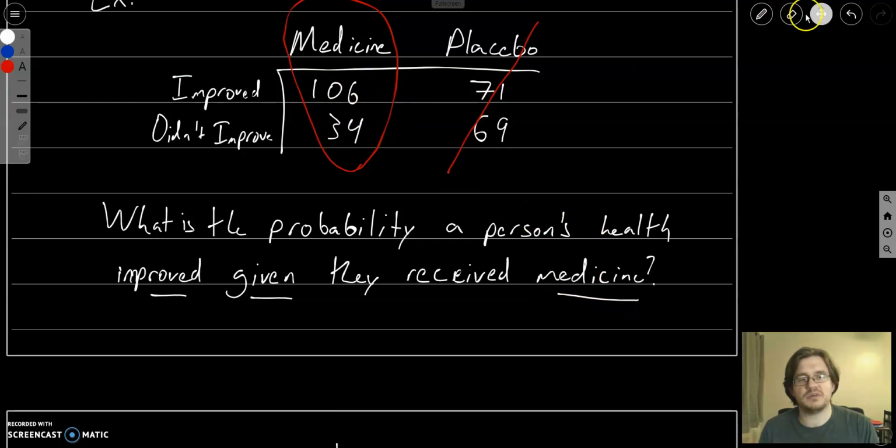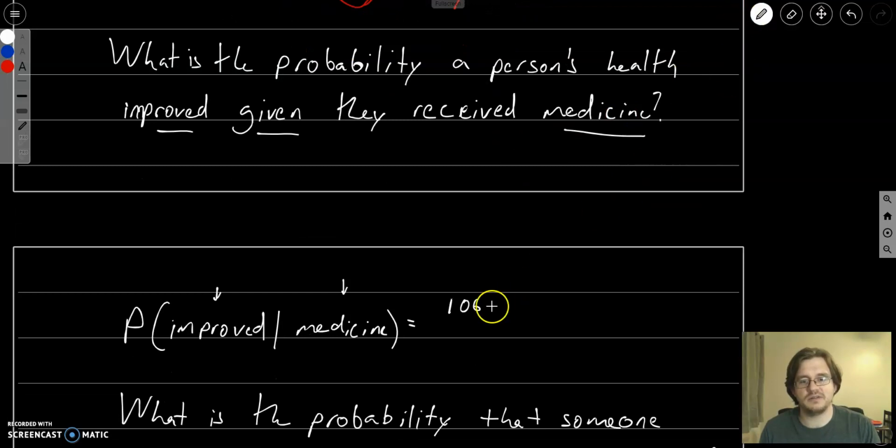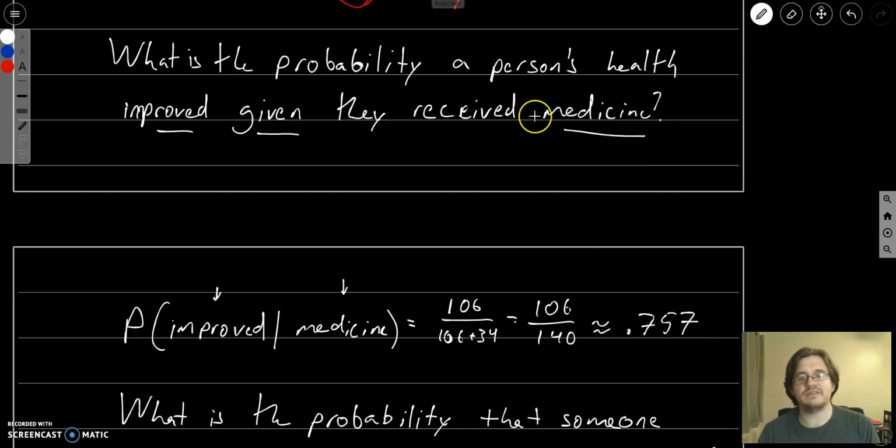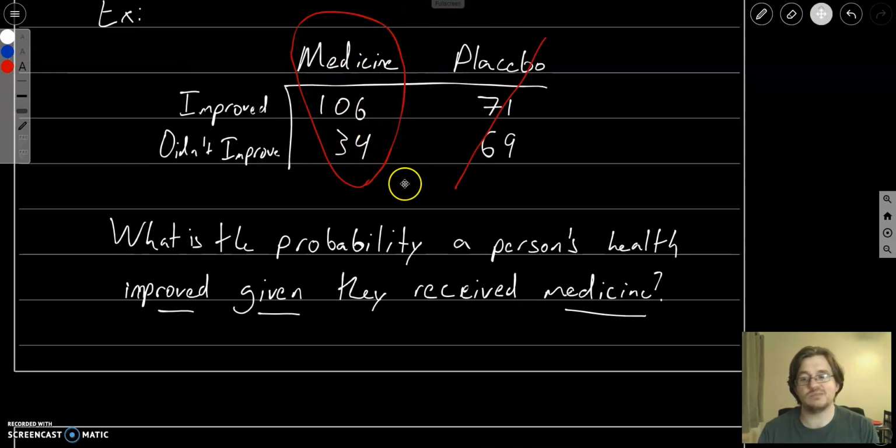So the total number of people that received medicine is going to be 106 plus 34. When we add this up, this will be 106 divided by 140, which is approximately 0.757. So given that someone received medicine, there was a 75% chance that they improved. And this is how to interpret this probability.